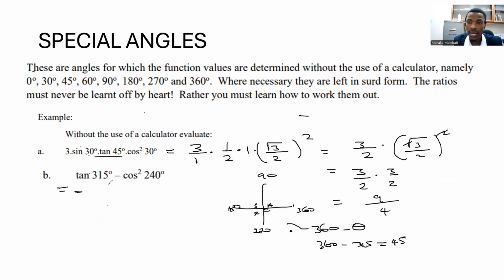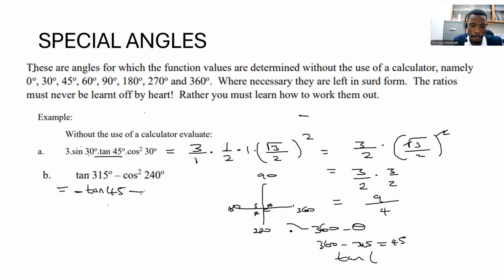This is the reduction. So this is exactly like tan 45. Let's simplify to make our life simple. You can just say tan 45. Let's not waste time.